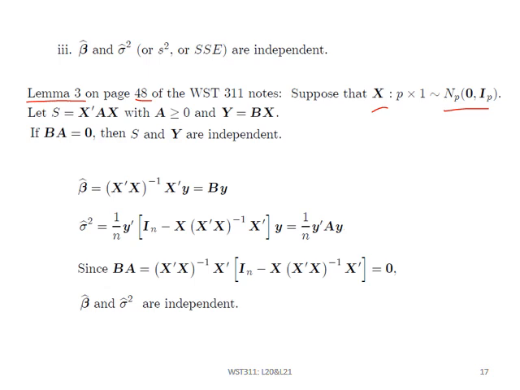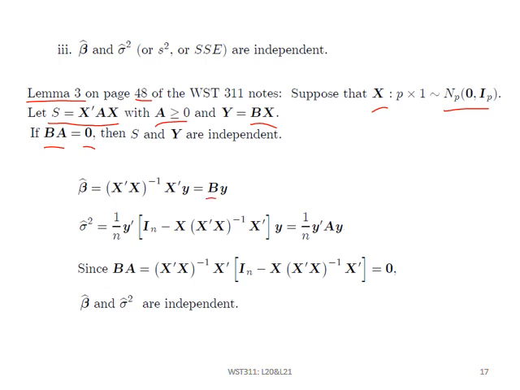We then define S to be X prime A times X, where A is a positive definite matrix, and Y equals B times X. If we then have that B times A equals 0, we can conclude that S and Y are independent. So we need to define now what the values of A and the matrix B are and see if they comply with the requirements of lemma 3.